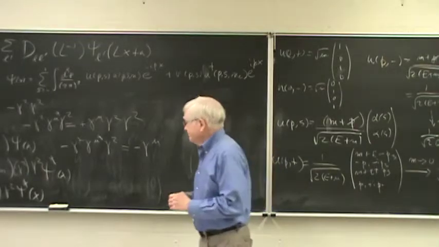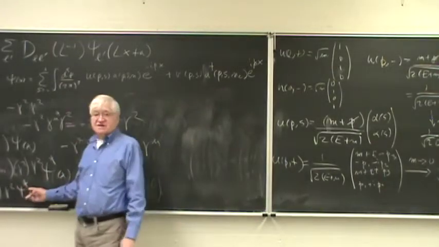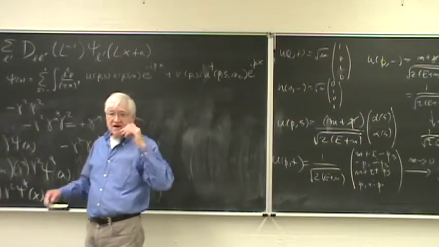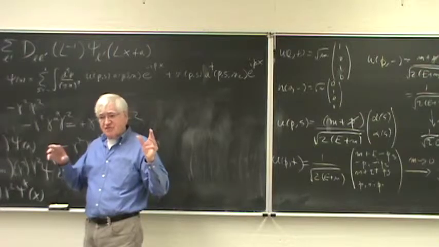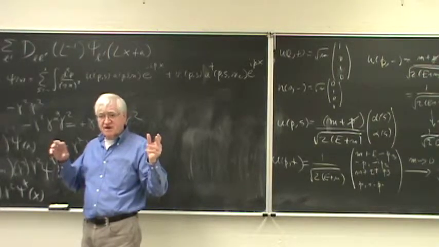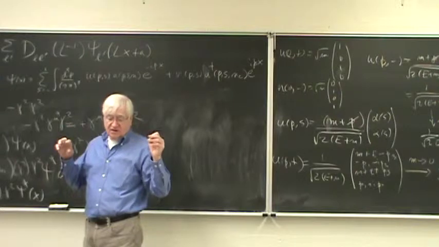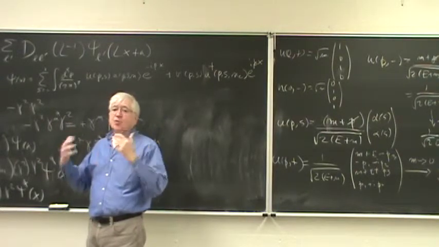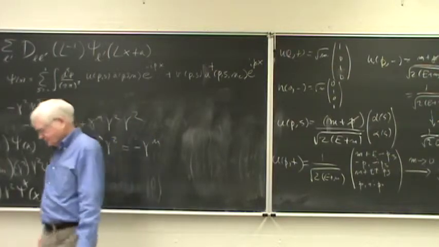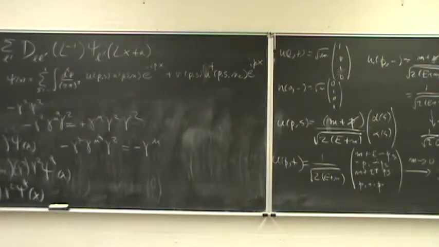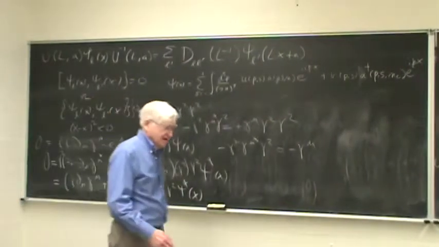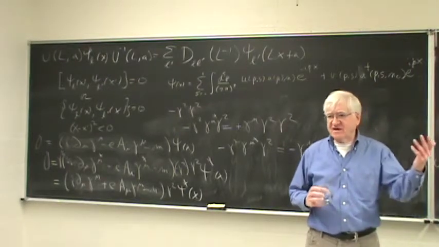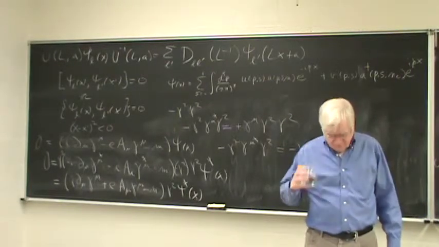In other words, under charge conjugation, if the phases of the antiparticle weren't the complex conjugate of the phase of the particle, we'd get some object that wouldn't commute or wouldn't anti-commute at space-like separation with psi, because it wouldn't be psi star, it'd be some funny thing.